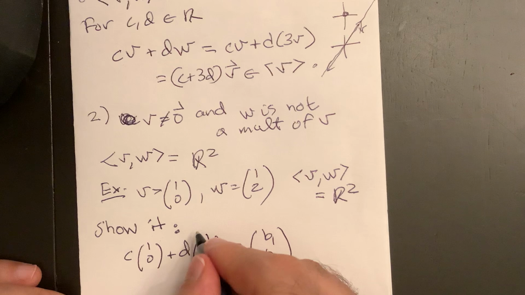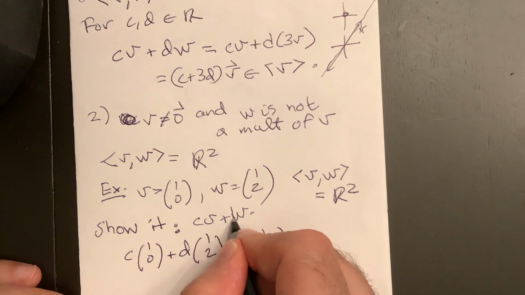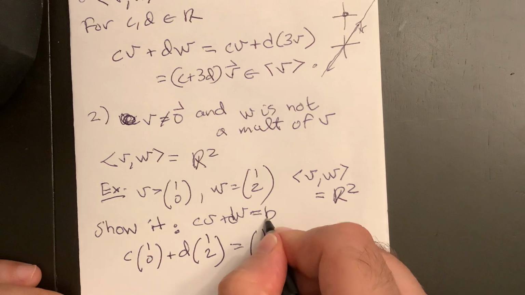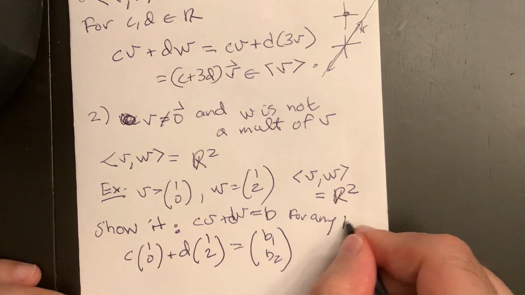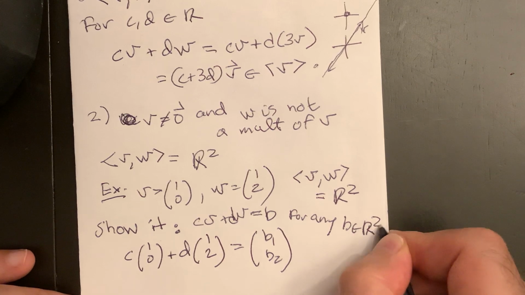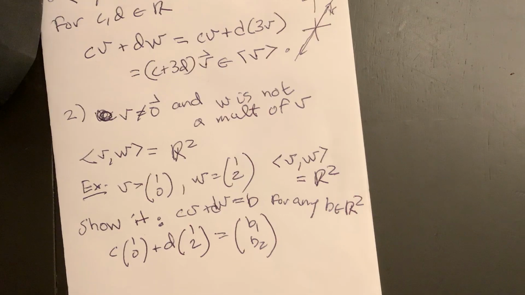We're going to show cv plus dw is equal to b for any b in R2. If I can find a linear combination that equals some arbitrary b that's not specified, then this is a proof that I can find a linear combination of v and w for any vector in R2, and therefore the span is all of R2.